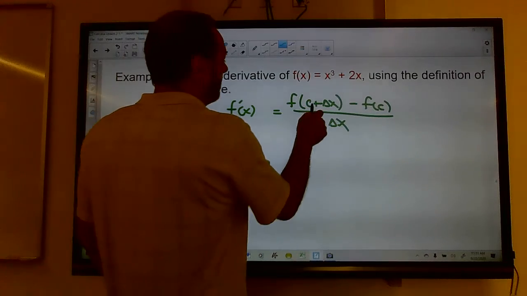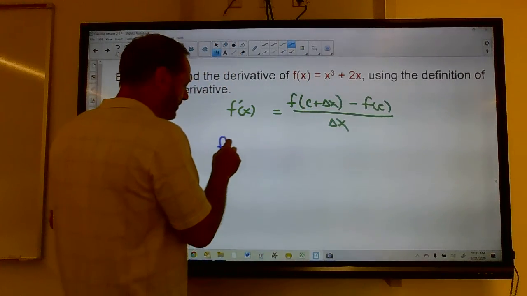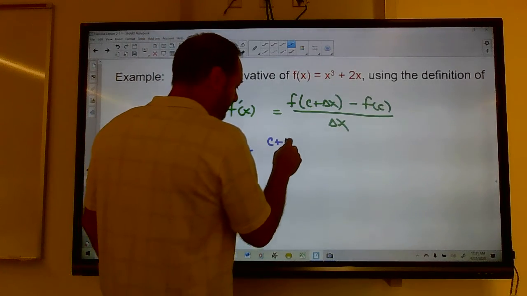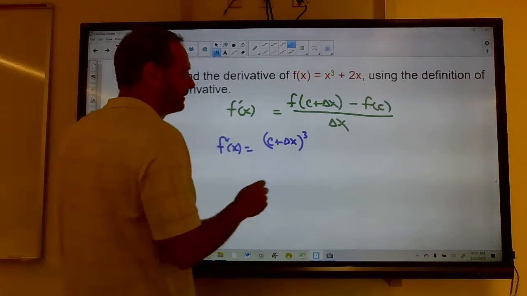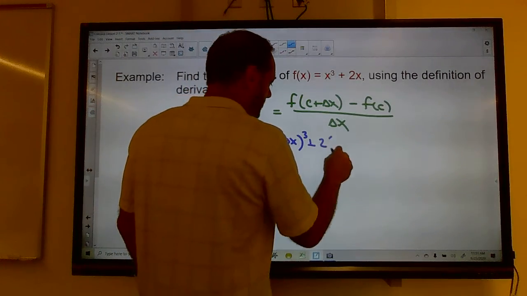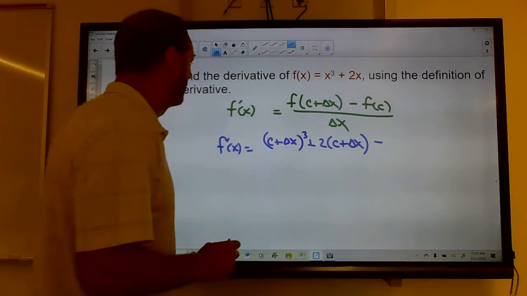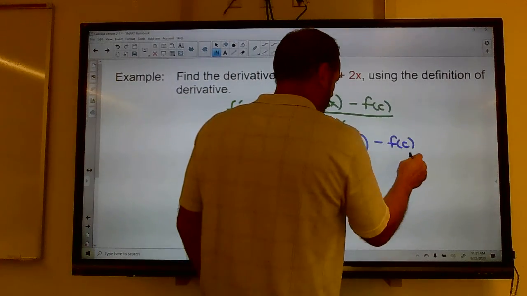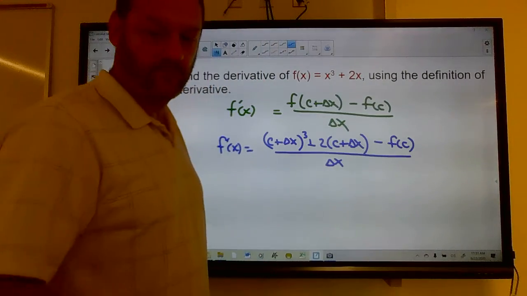I'm going to take c plus delta x and plug it in here. So f prime of x is going to be c plus delta x cubed plus 2 times c plus delta x minus f of c, all over delta x.